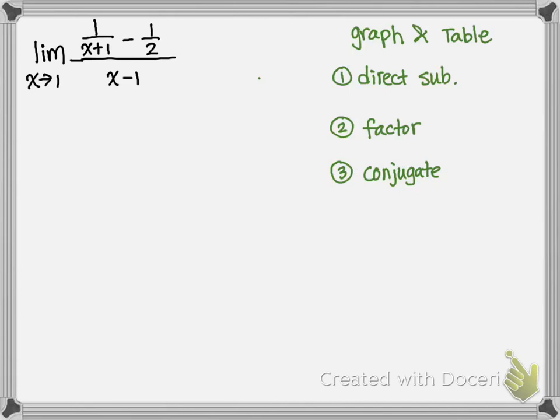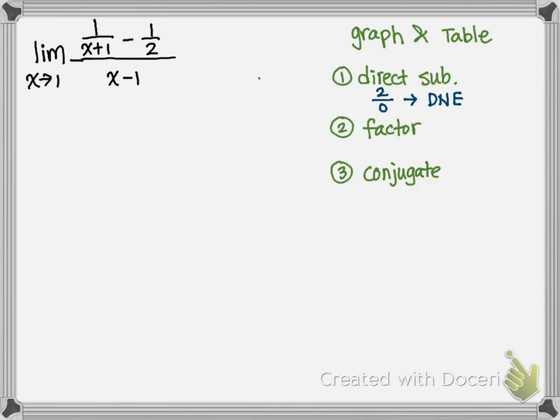Now, when you do direct substitution and you get a fraction such as, let's say, 2 over 0 or any number over 0, your conclusion will be the limit does not exist because a number over 0 denominator either goes to negative infinity or positive infinity.